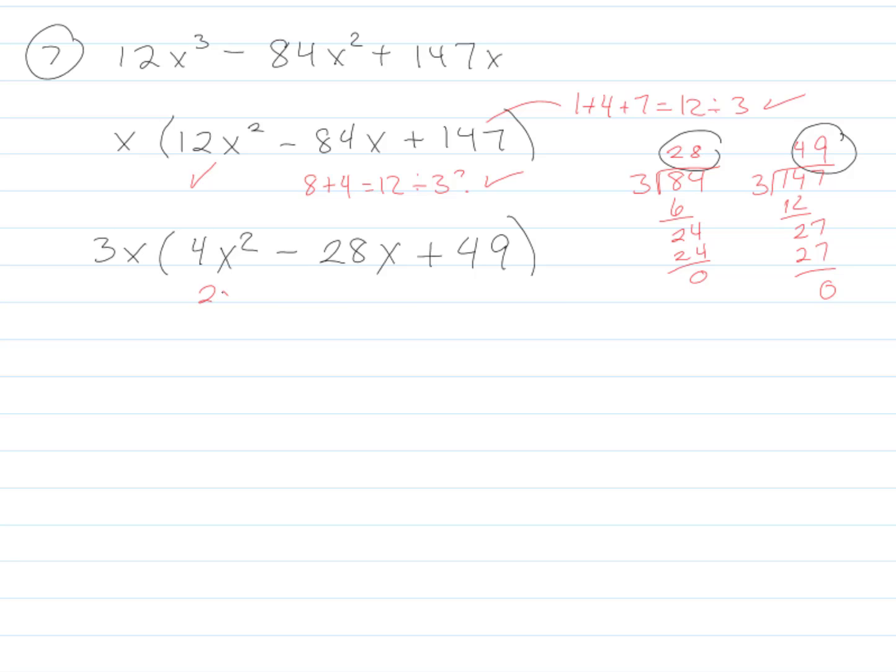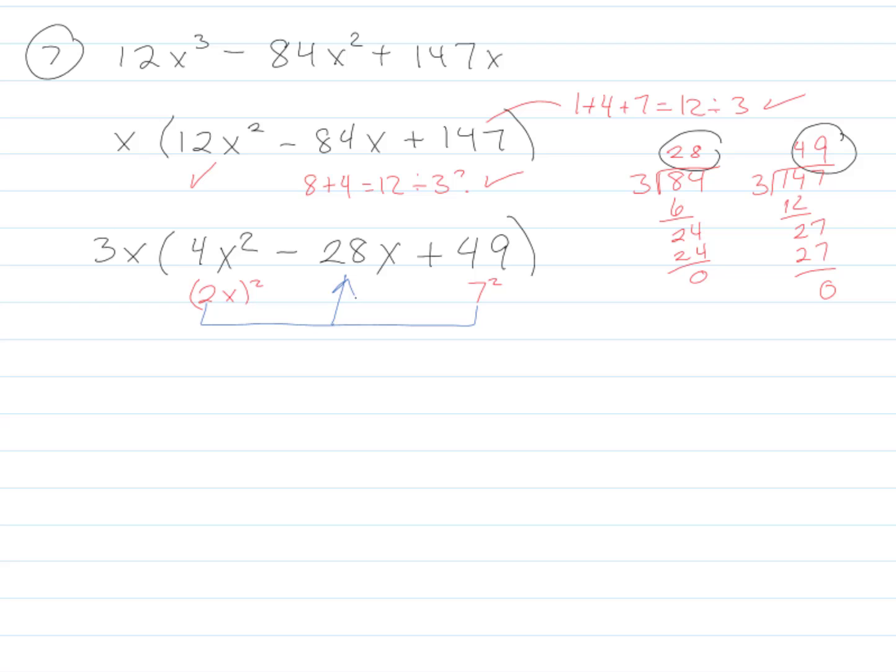You might notice that this is 2x quantity squared, and over here is 7 times 7, which is 49. That's definitely valuable to recognize. And what I like about that is if I combine those numbers, 2 and 7, I get 14, and 14 plus 14 is going to give me that 28.